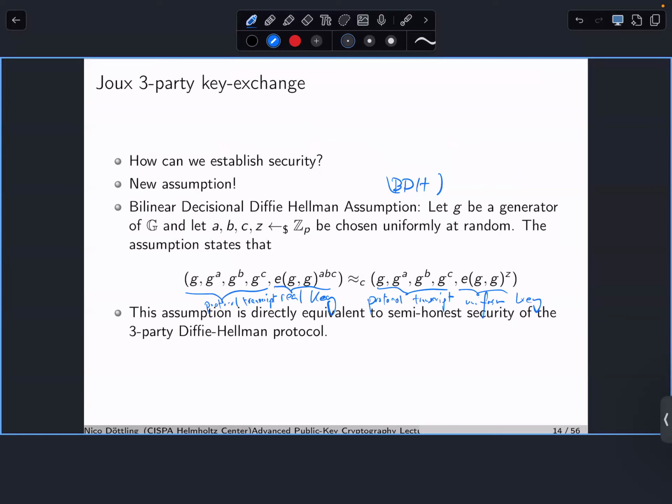If we have an active adversary who can substitute, let's say, messages sent by the honest parties, then this is not enough. Then we have man-in-the-middle attacks, and we need to protect ourselves with authentication. I hope I'm not saying something entirely new here. But are there any questions?